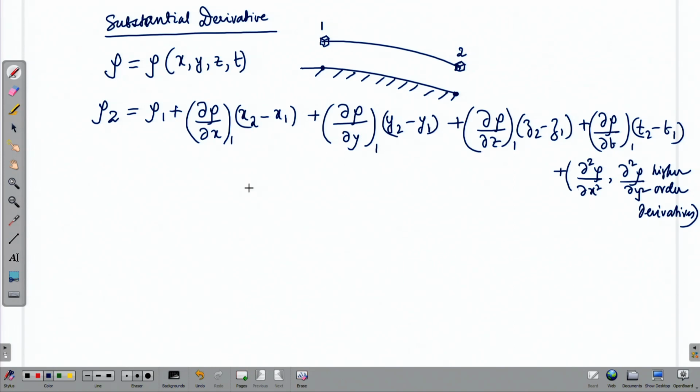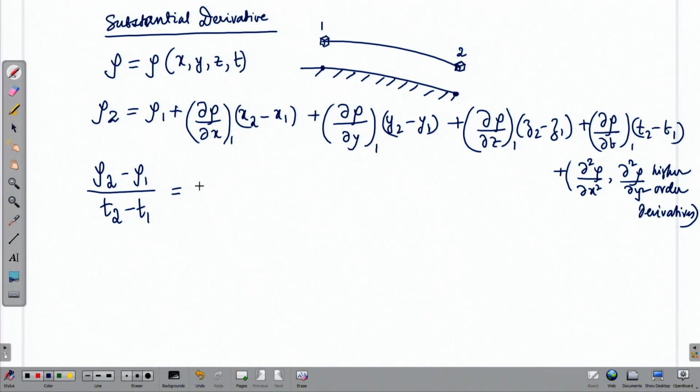Now, if you divide both sides of this expression, taking rho 1 to the other side and dividing it all through by T 2 minus T 1, what will you be left with?